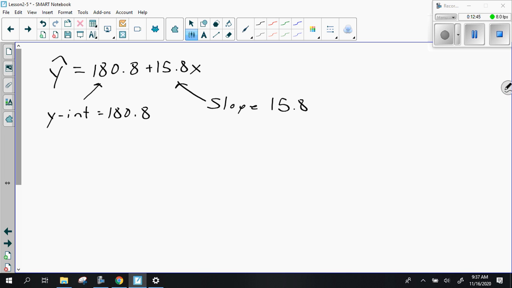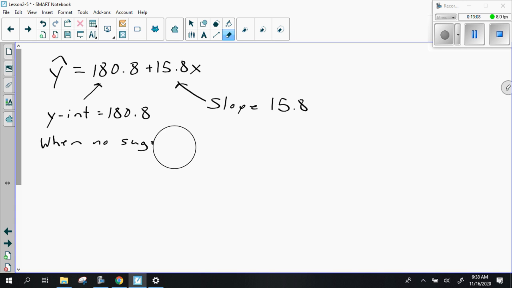So what does the y-intercept tell us? The y-intercept tells us that when no sugar is used, right? That's when x equals 0.